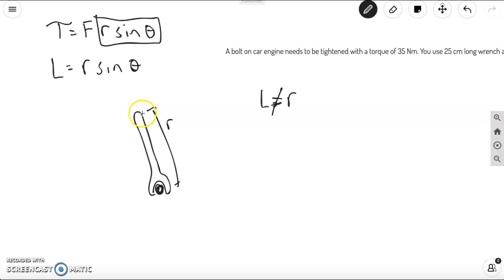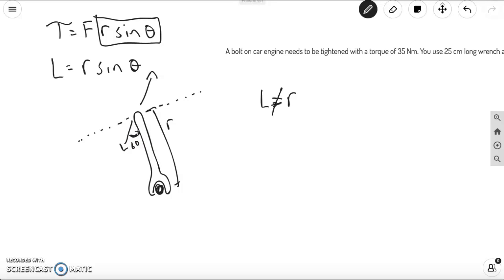The other idea, so the perpendicular would be this. We're going at a 60 degree angle to the perpendicular. So we're pulling this way, 60 degrees to the perpendicular. So this angle here is 60 degrees.